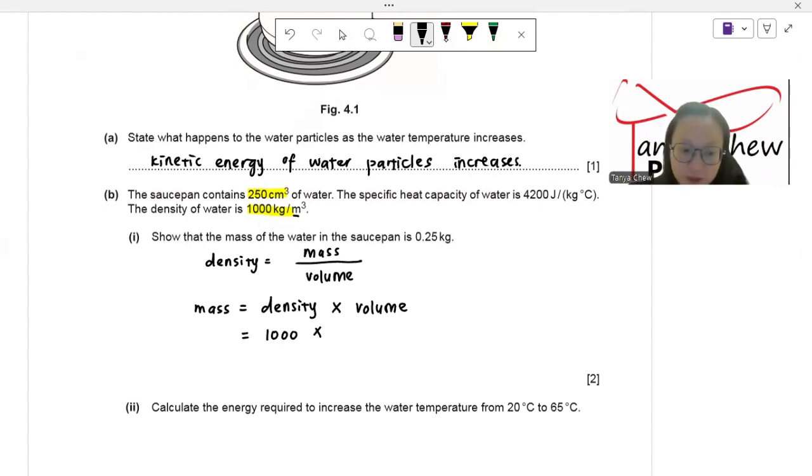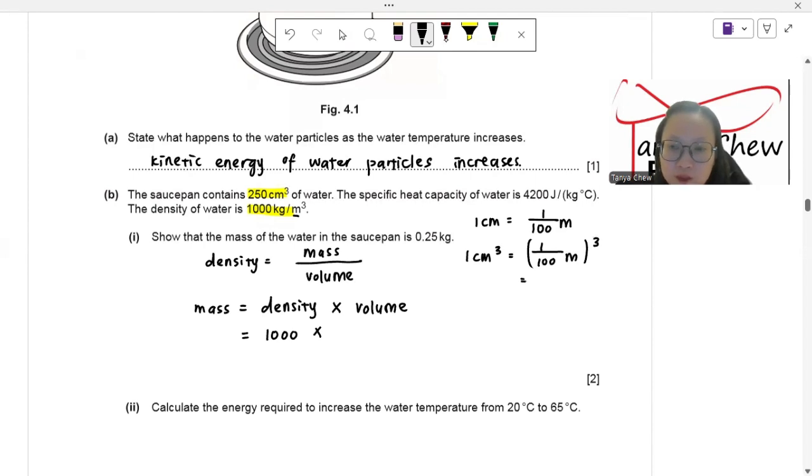Let me show you how to change the volume. 1 cm is equal to 1 over 100 meter. The whole thing here, you have to cube it, so you have 1 over 100 cubed meter cube. This is 1 cm cube.